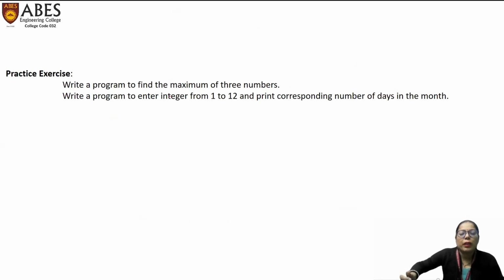Now these are the practice exercise questions for you. You must practice these questions for better understanding. First question is: write a program to find the maximum of three numbers. That means if you have three numbers, you have to print the maximum among these numbers.